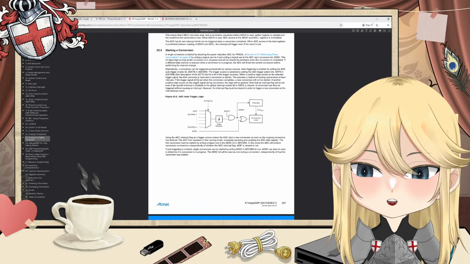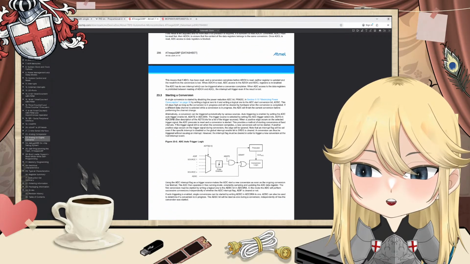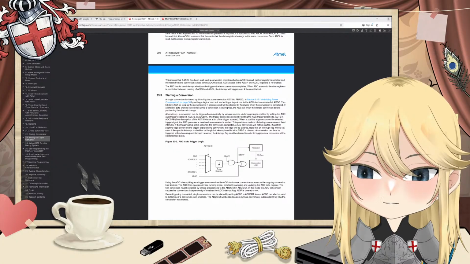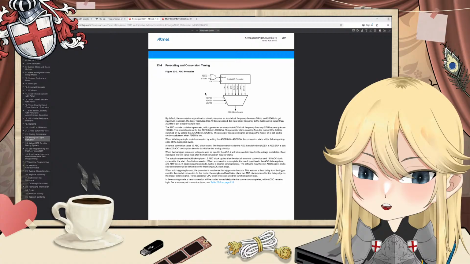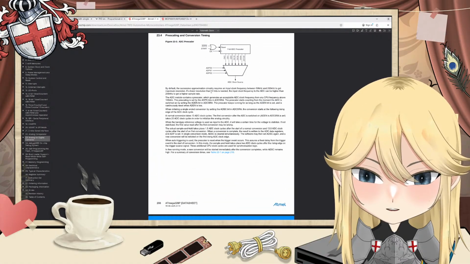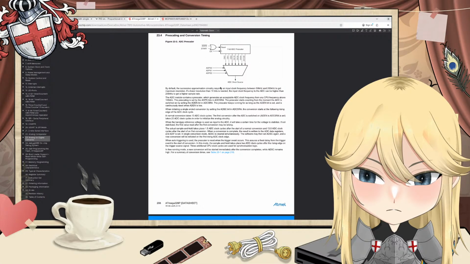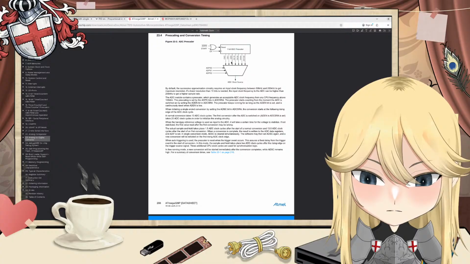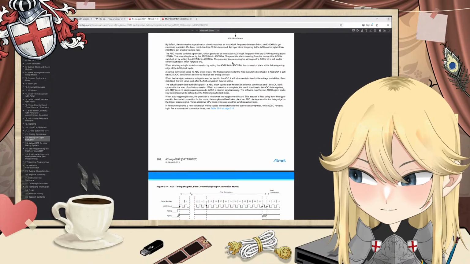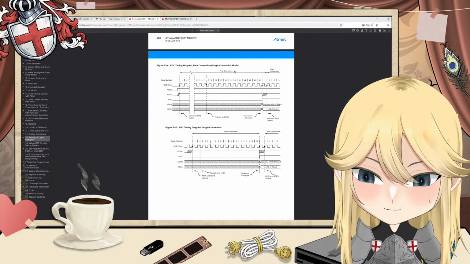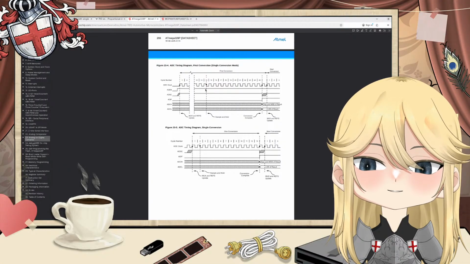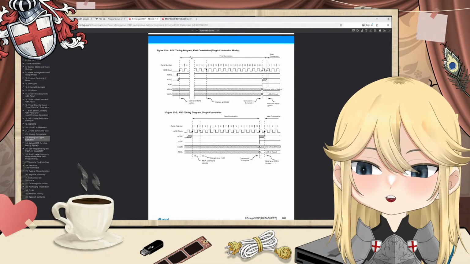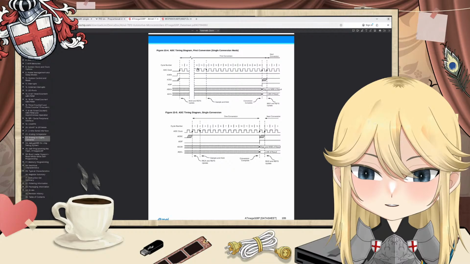How do we measure this? Starting a conversion. Pre-scaling, interesting. What? When we have a clock to pre-scale. ADC diagram. What? ADC clock?